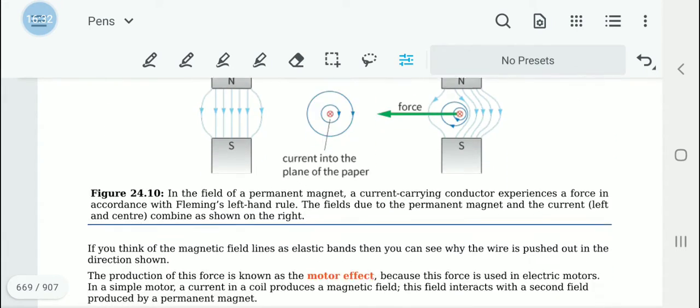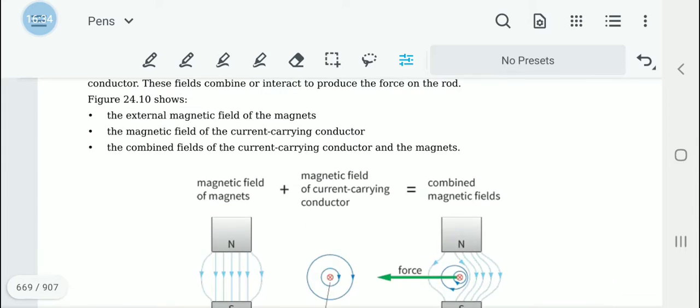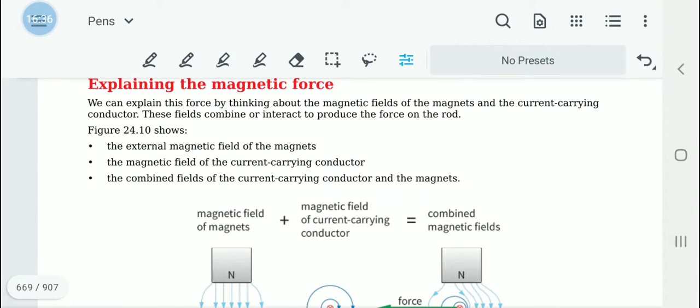Now, to explain how these magnetic fields work, we can use the understanding that we have about magnetic fields of the magnets and the magnetic fields generated by a current carrying conductor.